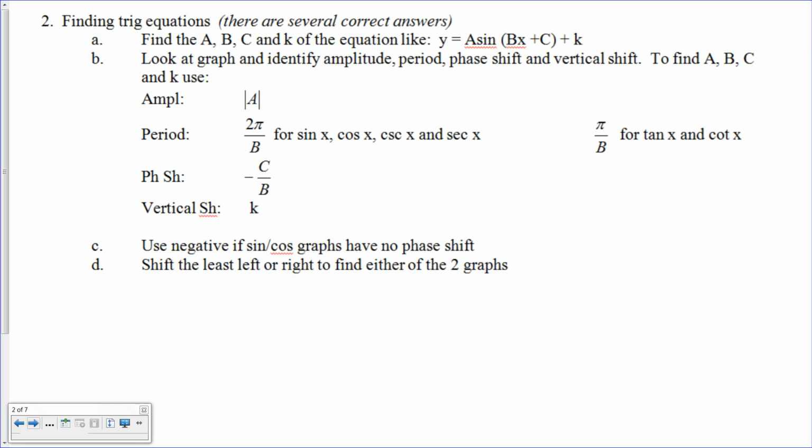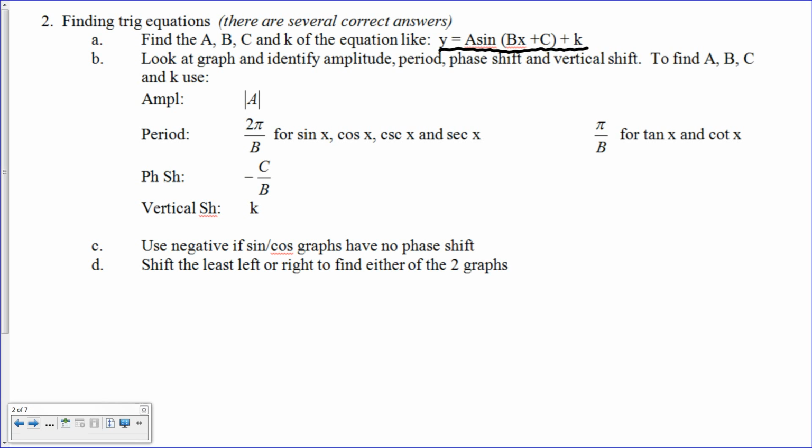The first thing that we're going to do is try to identify what your A, B, C, and K are of the equation. But when you are trying to choose which general equation you want, you need to be able to line it up and figure out which one you want to choose.